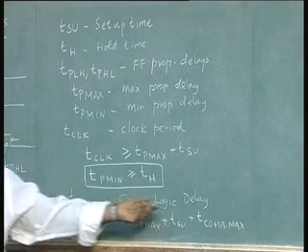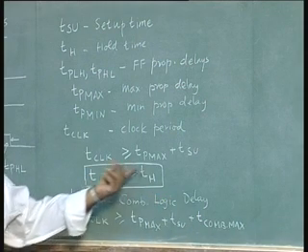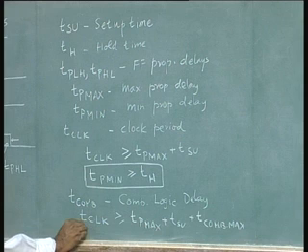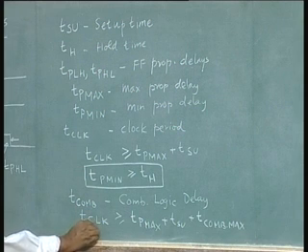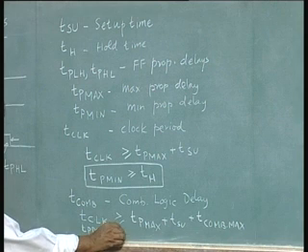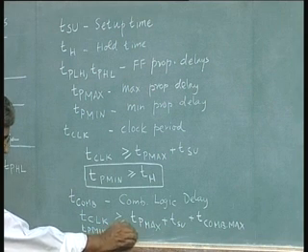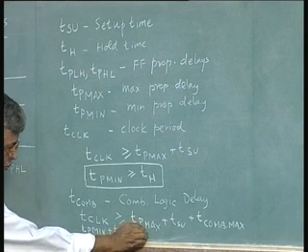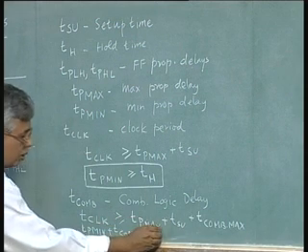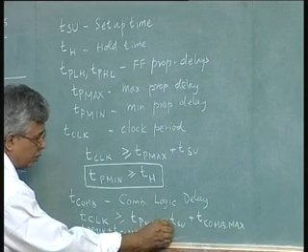Now that I have an additional delay, that delay also can be counted into this. So what I have to say is Tp min plus, in this case, the minimum combinational logic delay, T comb min, together should exceed Th.